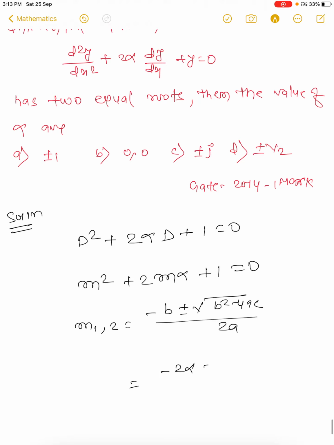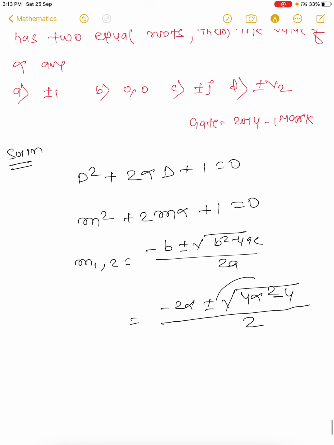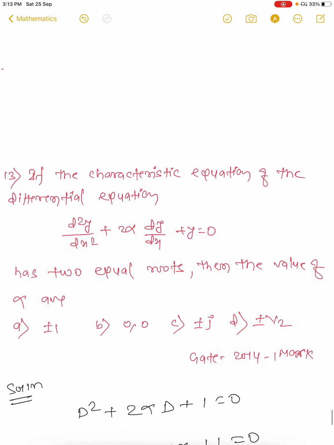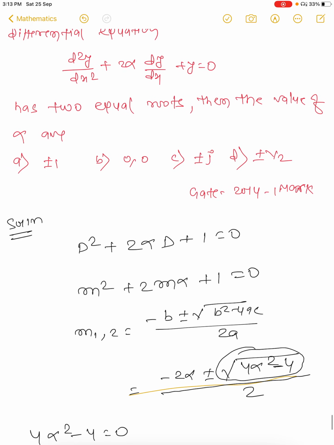Minus 2 alpha, plus minus square root of 4 alpha² minus 4ac, with a and c both 1, and 2a is 2. For equal roots, this discriminant should be 0. So 4 alpha² minus 4 is equal to 0. So alpha² minus 1 is equal to 0. Alpha is equal to plus minus 1. So the right answer will be plus minus 1, option A.